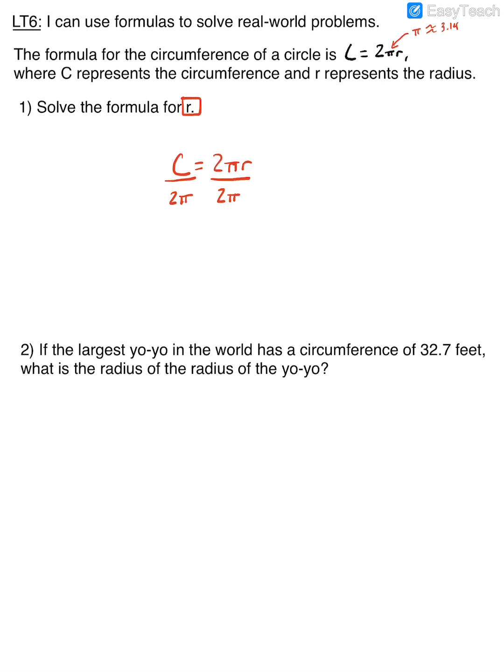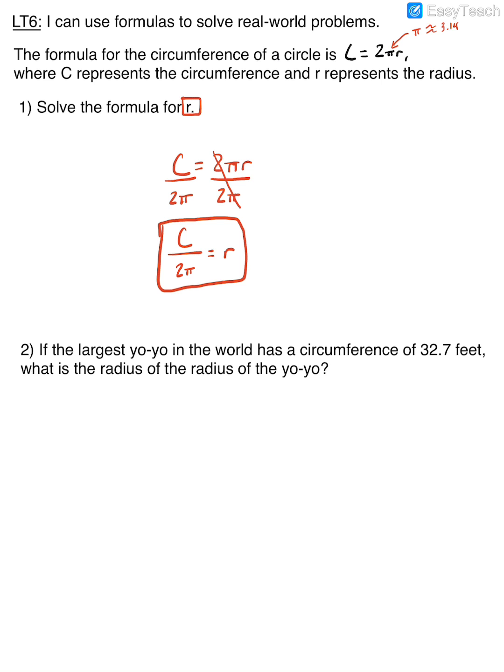And so then dividing both sides by 2 pi gets me, now I don't know what C is, so I'm going to leave it as C divided by 2 pi, and then the 2 pi's on the other side cancel each other out, leaving you with r. Okay, so there is my first part there. I solved my formula for r, or for the radius.